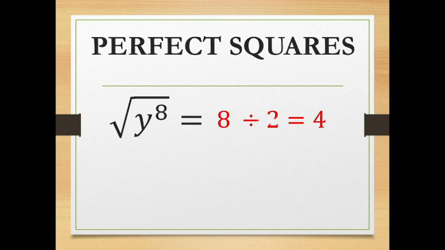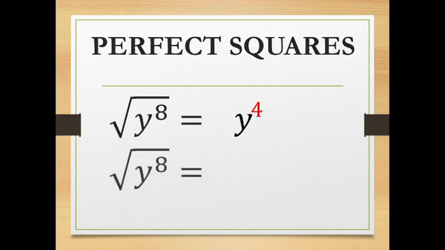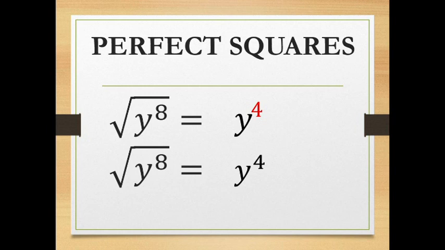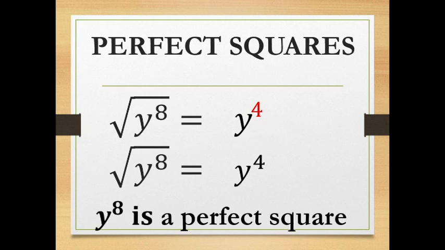Nakuha natin 4. Then, copy the letter y, pati yung nakuha natin kanina. 8 divided by 2 is equal to 4. Meaning to say, square root of y raised to 8 is y raised to 4. Then y raised to 8 is a perfect square.